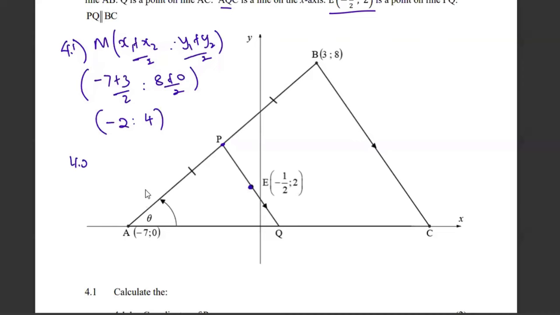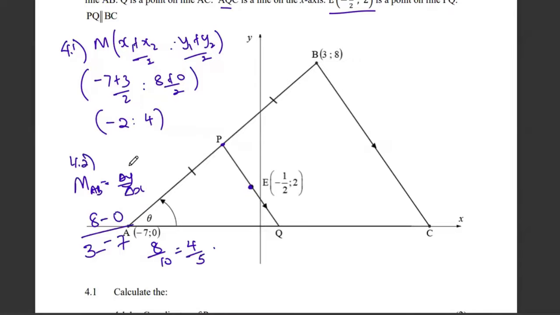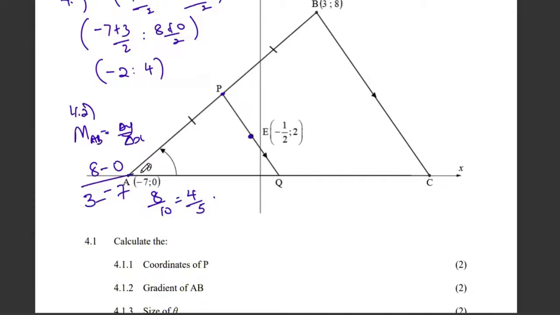So 4.2, they want the gradient of AB, which is the change in y over change in x. So I'll say 8 minus 0 over 3 minus negative 7. That becomes 8 over 10, which is 4 over 5. Okay. And then get theta, which is the angle of inclination.